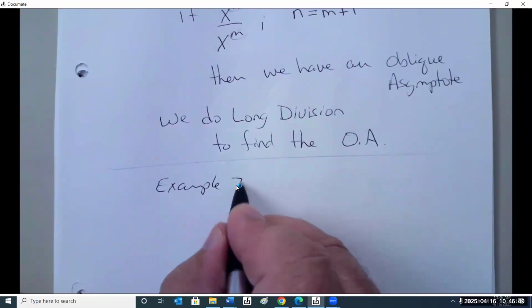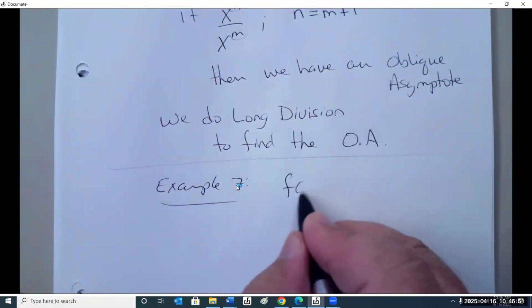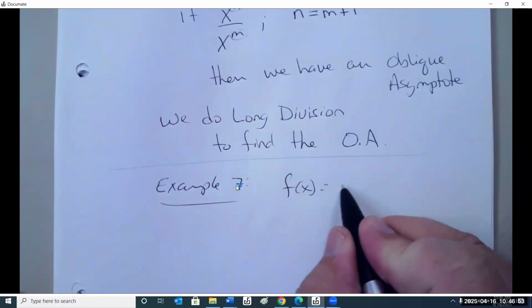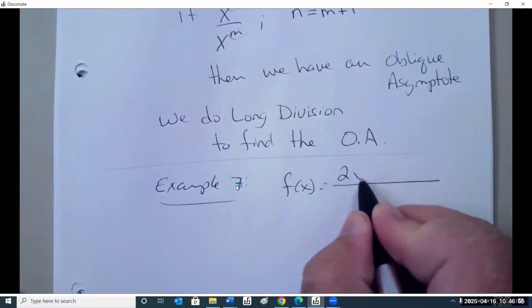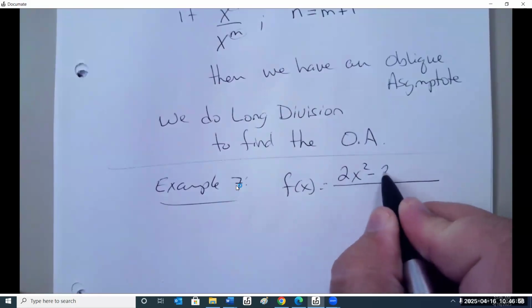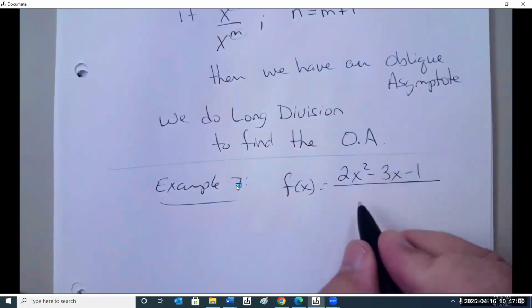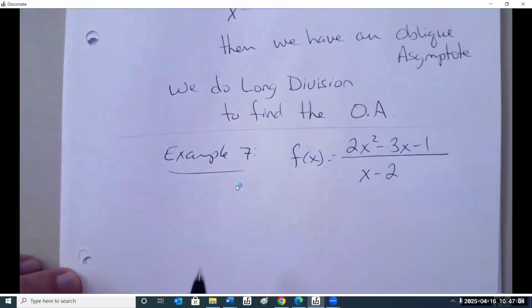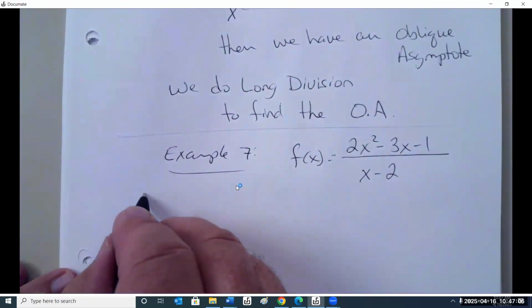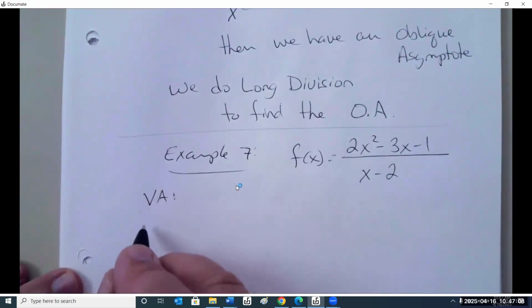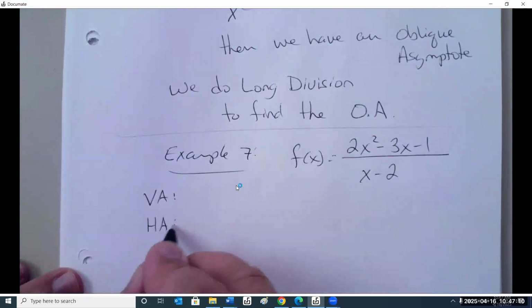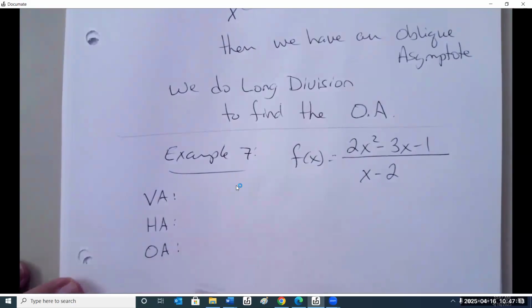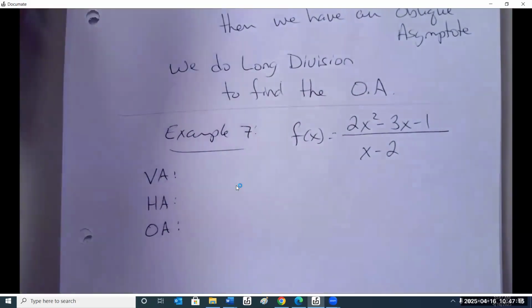Example 7. 2x squared minus 3x minus 1 over x minus 2. Let's find the asymptotes.